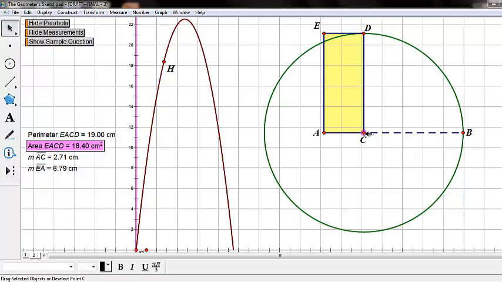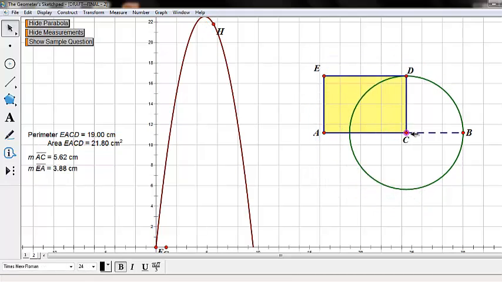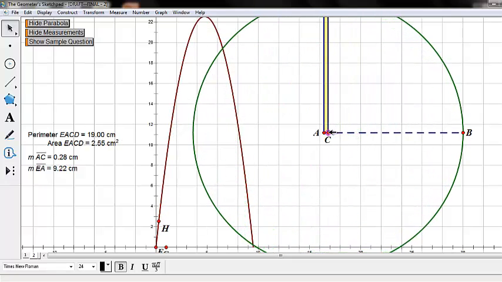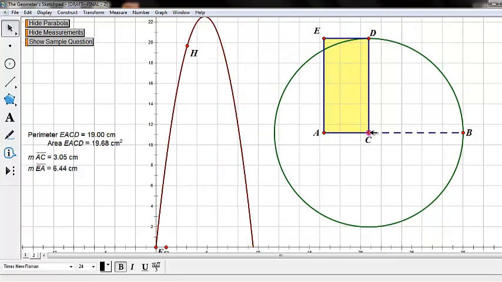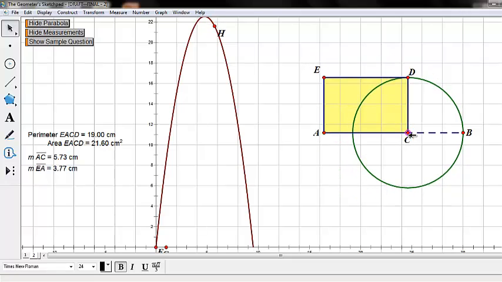And you can see it moves up and down as the area changes. It gets really close to 0 when I make it super skinny, and then it gets pretty big as the area grows.